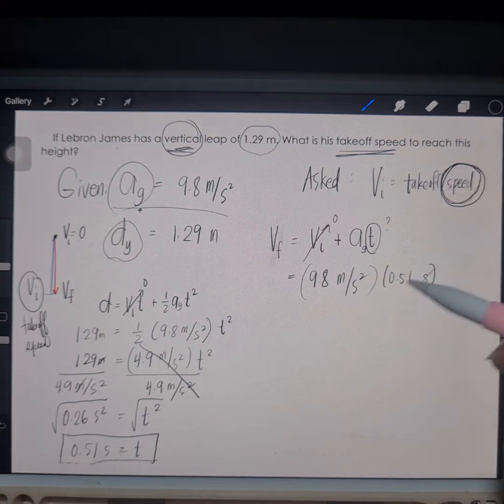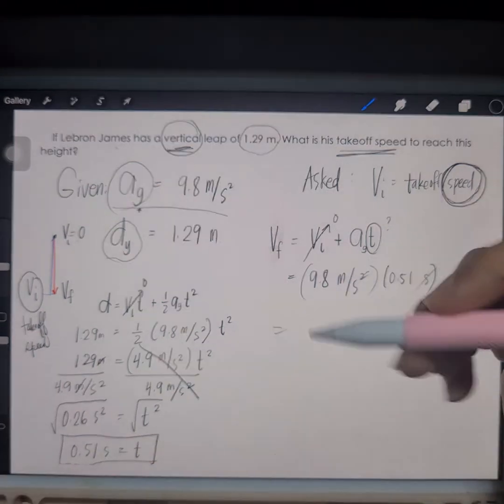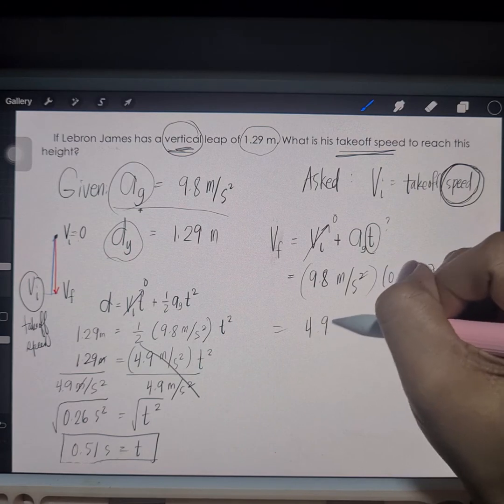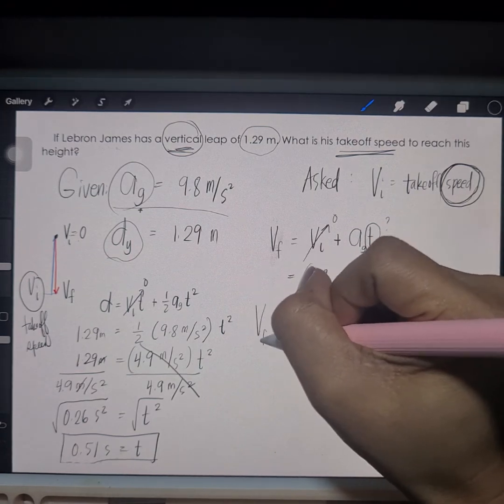So we cancel this out and we calculate, and therefore we will get 4.998 meters per second. That's the final velocity.